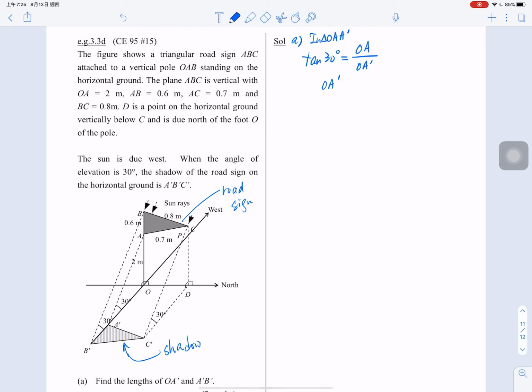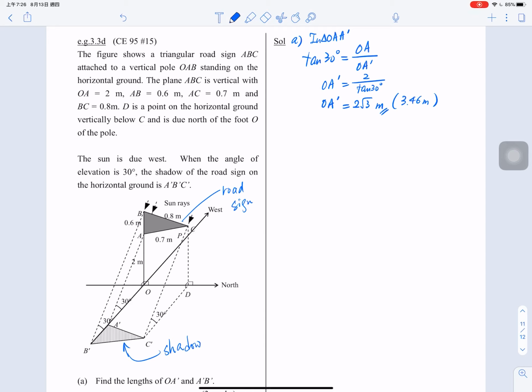So OA' equals 2 over tangent 30 degrees. Tangent 30 degrees means 1 over root 3. So this one is 2 root 3 meters. If you use a calculator, maybe you found that this one is 3.46.